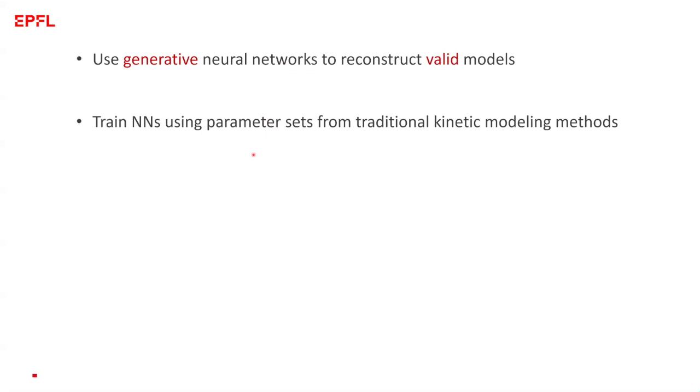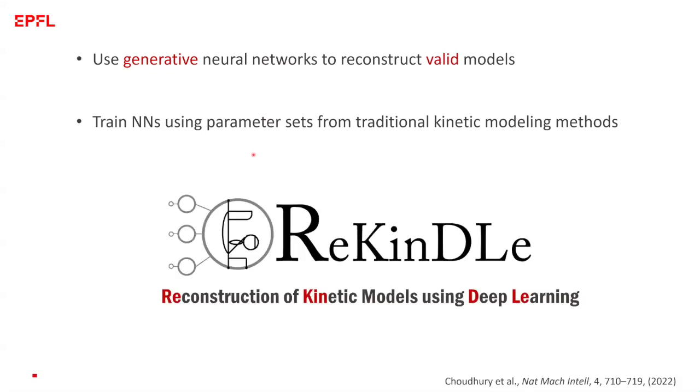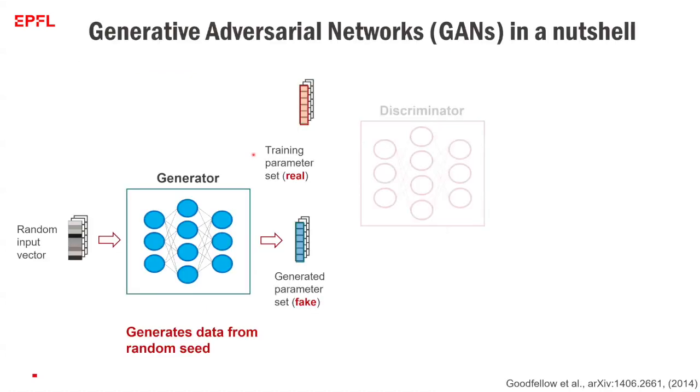And Rekindle is, in fact, based on the concept of GANs, of generative adversarial networks. And I don't know the background of audience here, but I will just go very shortly through it. So the idea of generative adversarial networks is that you have two neural networks. One is called generator. The idea of the generator is to take as an input some random vector and to produce a vector of synthetic data.